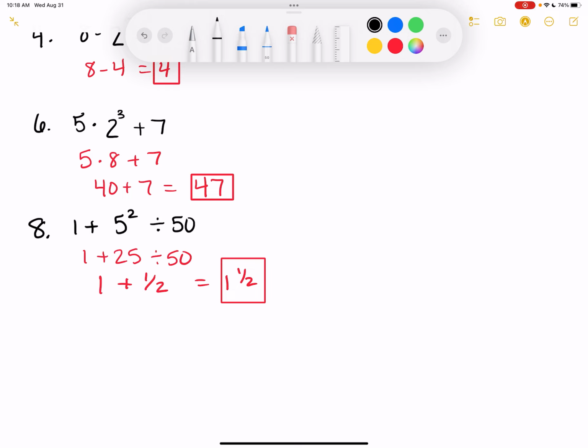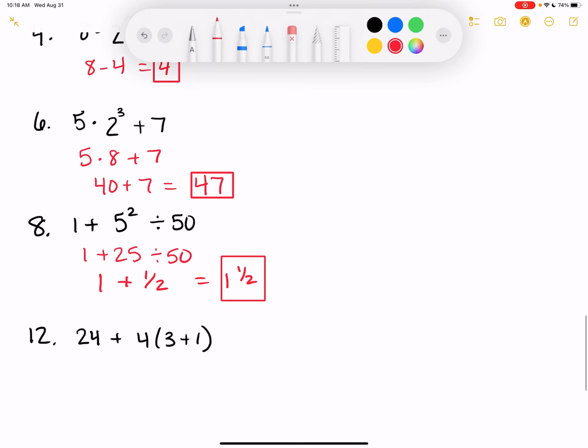Let's jump down to 12. So 24 plus 4 times 3 plus 1. So what should I do first with one like this? Parentheses. So combine the stuff that's inside. So that's going to be 3 plus 1 is 4.